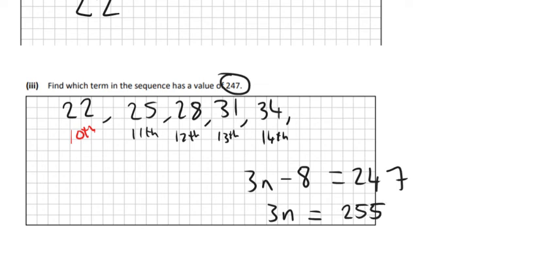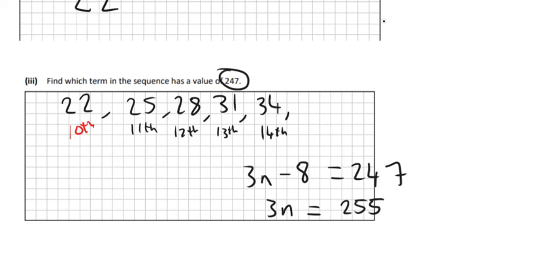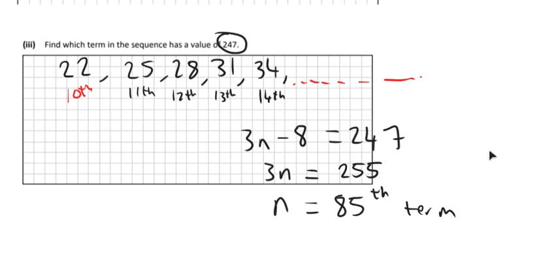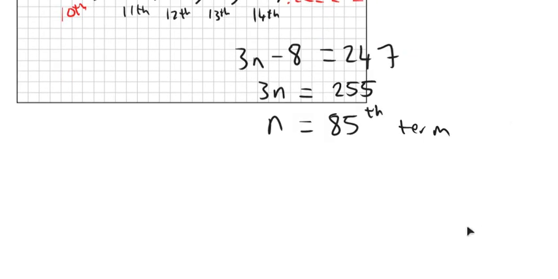Then it's just dividing by 3, and that will be 85. So 255 divided by 3 is 85. So it's the 85th term. That's our answer. If you had kept going up along there, the 85th one would be 247.